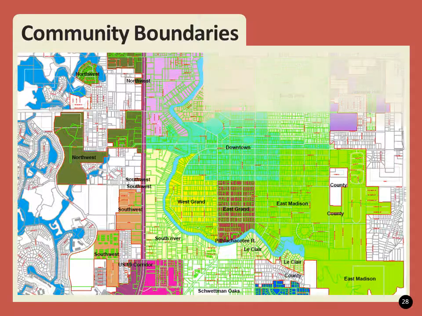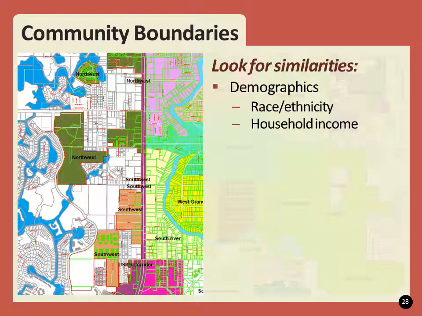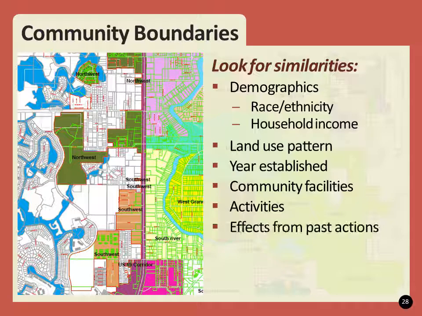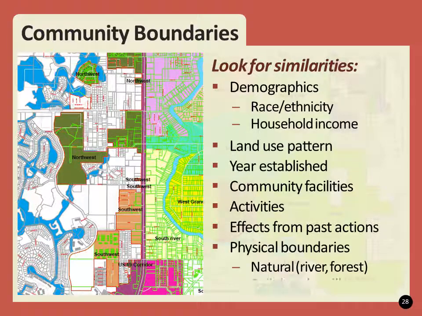Cohesive communities tend to have similarities, such as demographics, land use pattern, year established, community facilities, activities, effects from past actions, and physical boundaries. The MPO or local government may have information on designated community boundaries in the study area or an idea where informal boundaries are located.